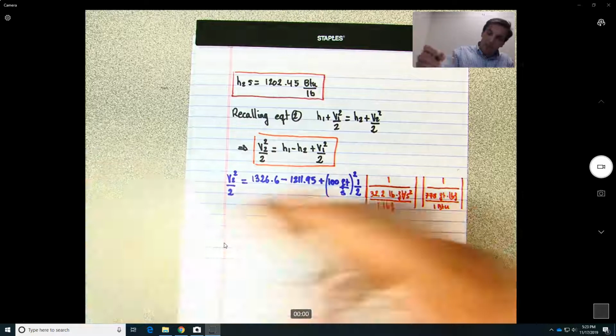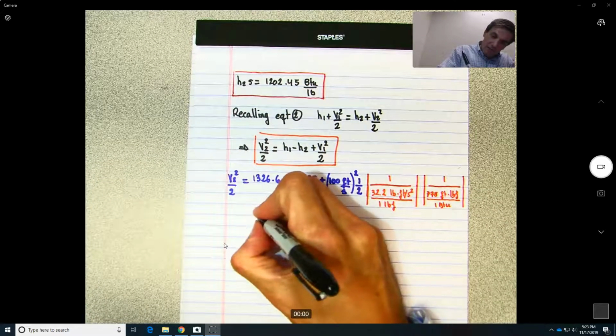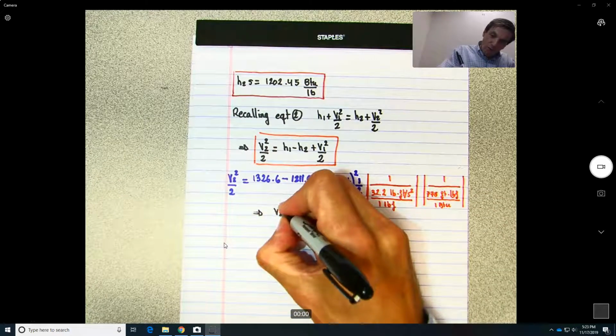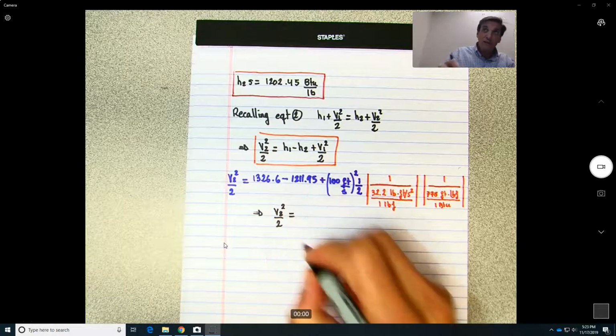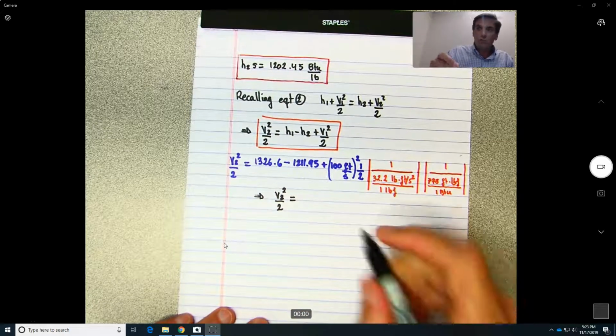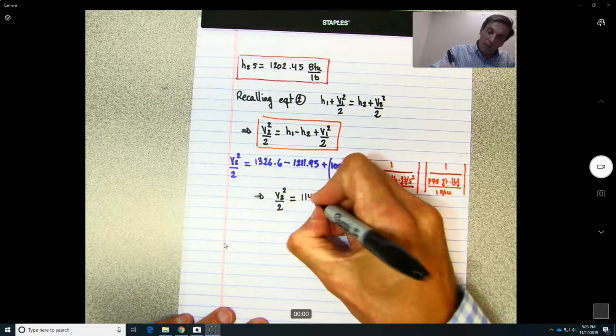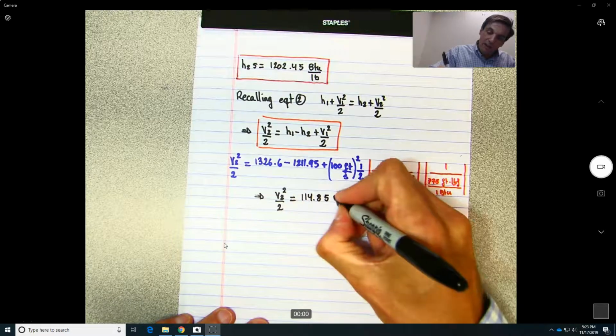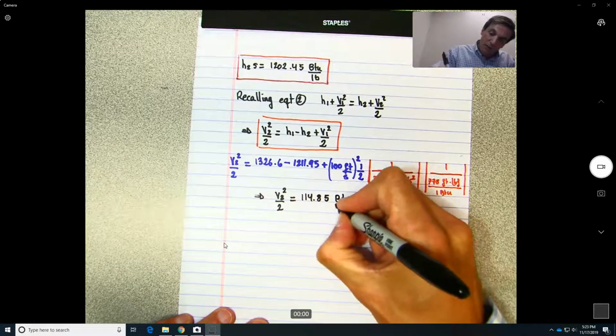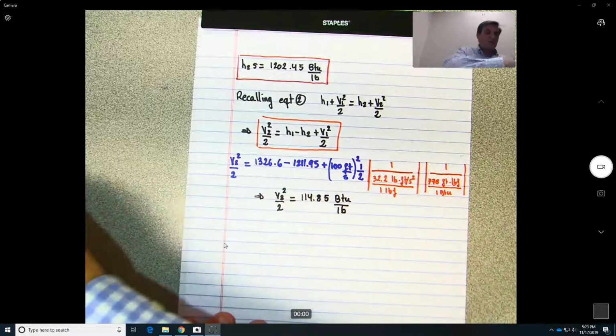So if you do this calculation, you're going to find that V2 squared over 2 is equal to 114.85 BTU per pound.